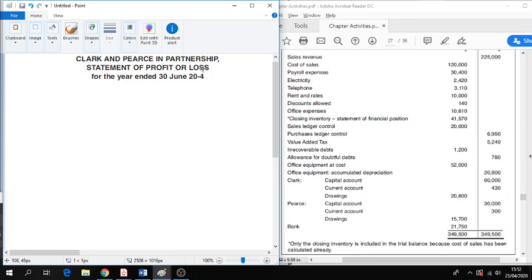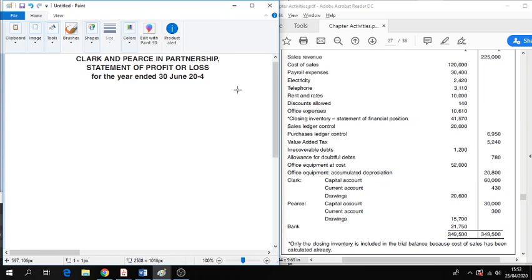So for those of you that are following the new AQA specification 7127, which is the 2017 spec, then the title would need to be Clark and Pierce in partnership, statement of comprehensive income, and then for the year ended 30th June. Okay, -4. This is just from a different examining board, and for some reason they just like to put in a hyphen. I don't know why that is, but it is what it is.